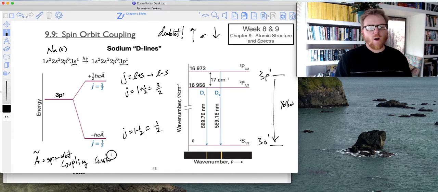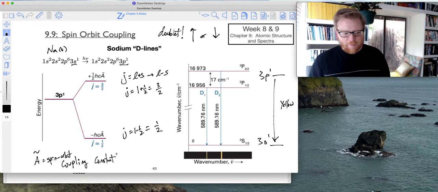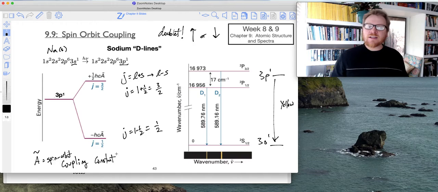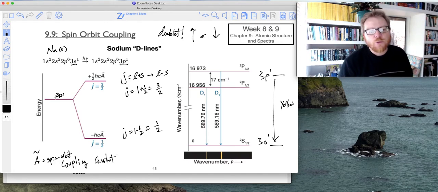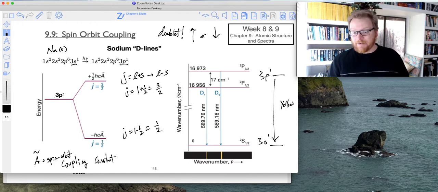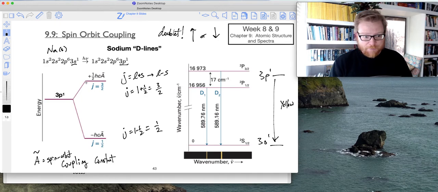And there's a formula for that constant, but I'm not going to worry about it so much, okay? And so what we see, because of these two possible spin states given by the doublet, is that the 3p1 level is split. It's split into that high J value, which is higher in energy, and into the low J value, which is lower in energy, all right?